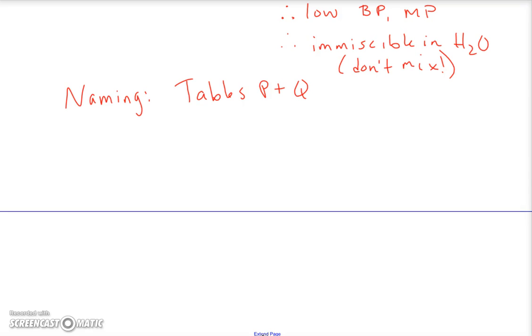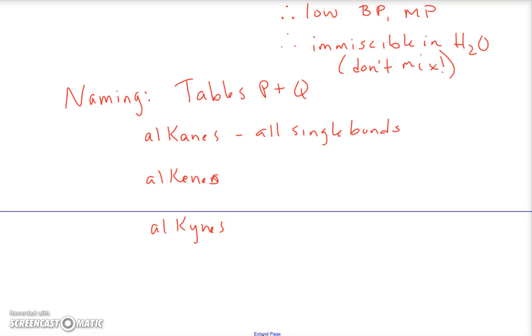Table Q has information about alkanes, alkenes, and alkynes. Alkanes have all single bonds. They have the general structure of, for every n number of carbons, there are 2n plus 2 hydrogens.